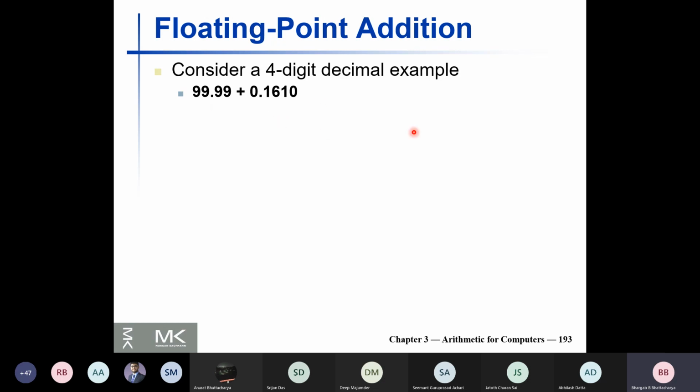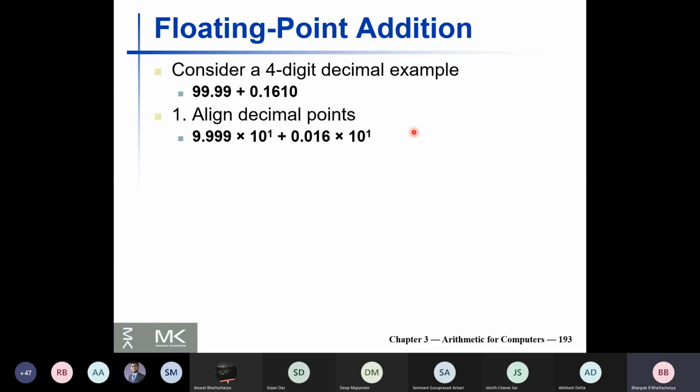So given two floating point numbers, if we look into the exponent field in binary, if they differ, then you need to equalize them. So you need a hardware for doing that. Equalization means shifting one exponent to left or right so that the value becomes equal. So you need an appropriate hardware mechanism in order to do that.